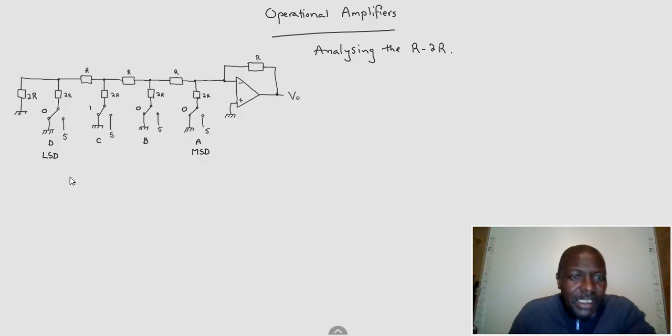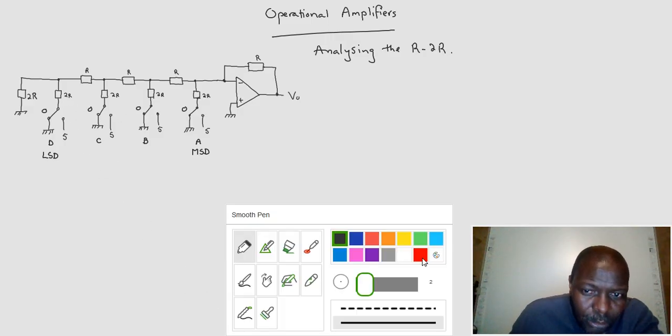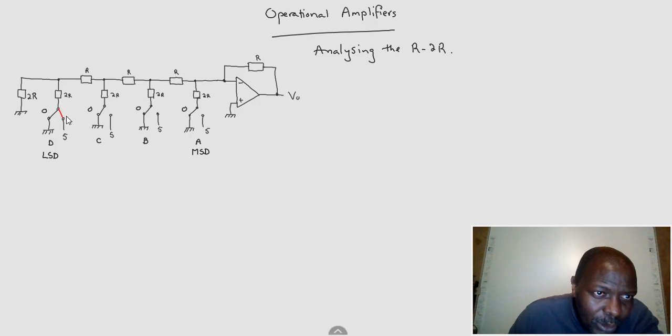So our switches can run all the way from 0000 on the ground, to all of them closing. I'll choose the red for closed: 1, 1, 1, 1.